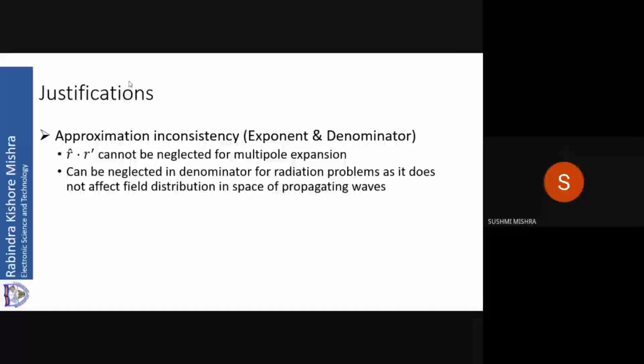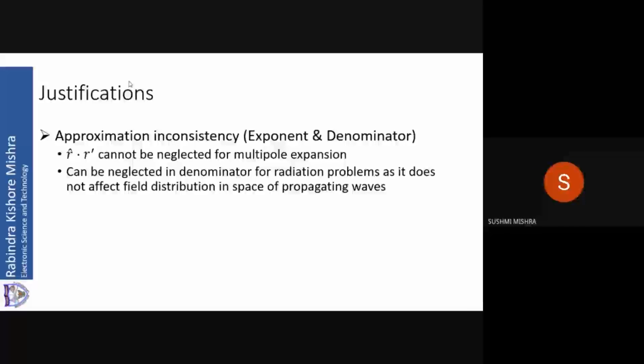So that is available in the exponent term, and since it is available in the exponent term, we cannot neglect it there. Otherwise, we will lose the variation of the distribution on theta and phi. So to avoid that, we keep it in the exponent.